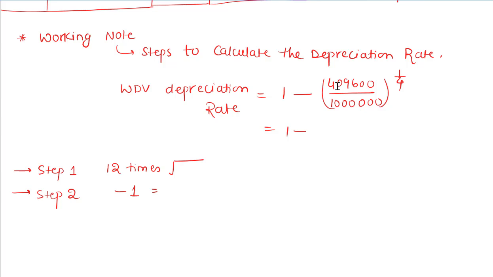Then step 2, you will do minus 1 equal to. Then in step 3, you will divide by the power. Over here the power is 4, so we will be dividing by 4.